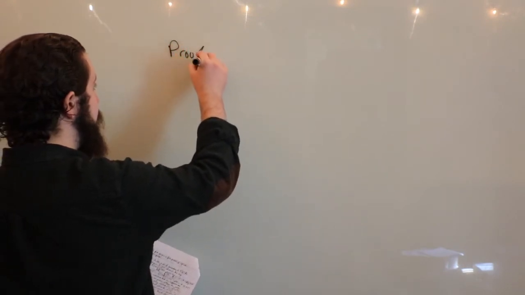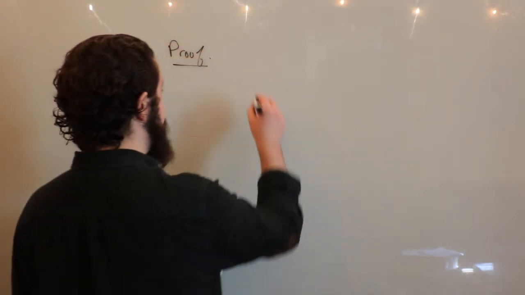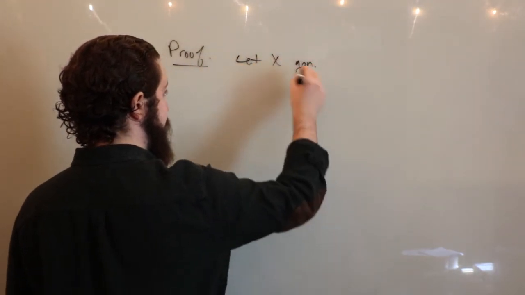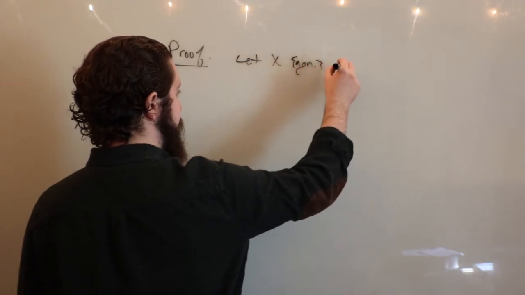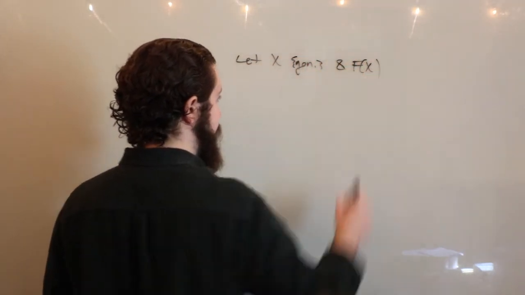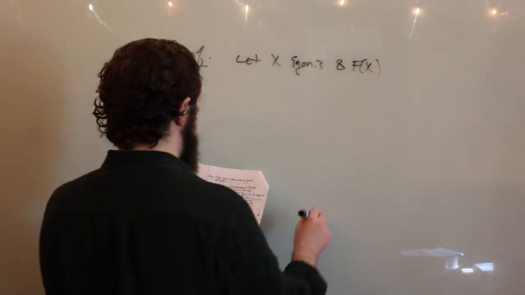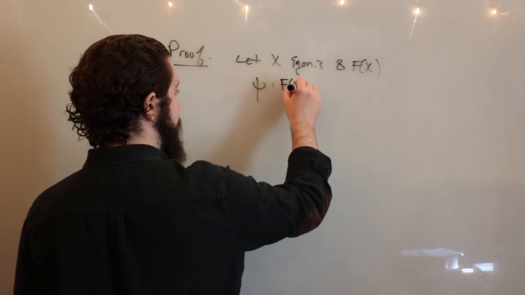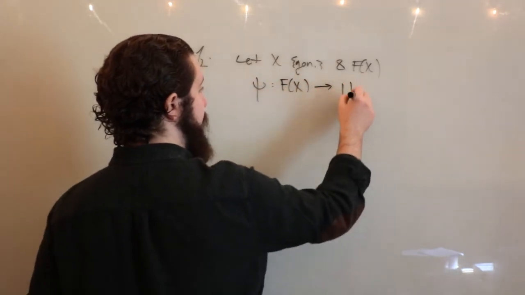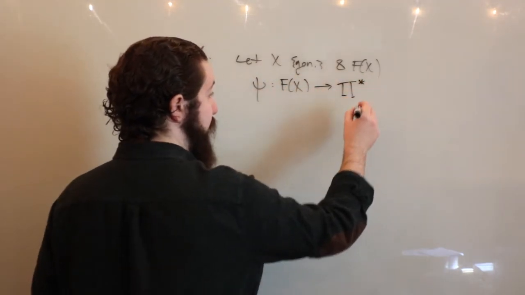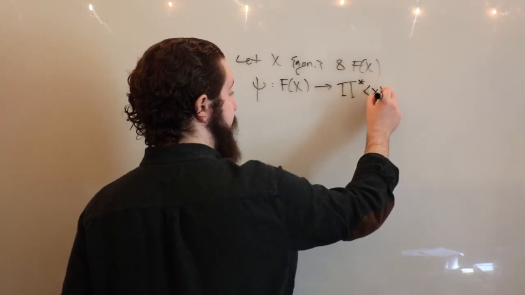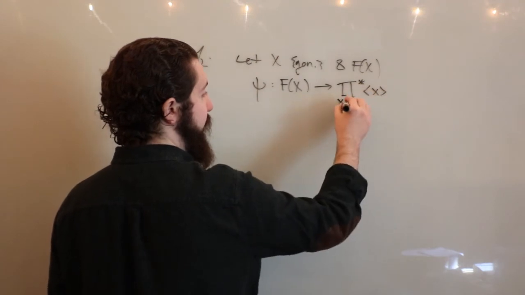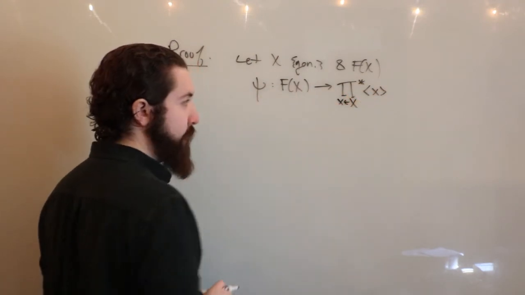Okay, so to prove this. Proof. Let X be a set of generators, and F(X) be the free group on the set X as usual. Now we're going to define a mapping psi from the free group on X to the free product of all these cyclic groups, where the generators for the cyclic groups are going to be the elements in the set X here.